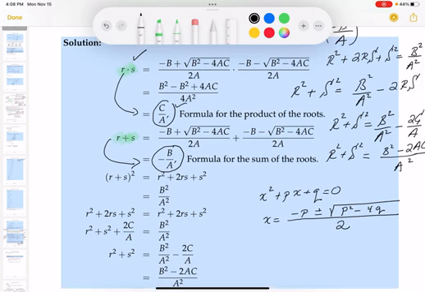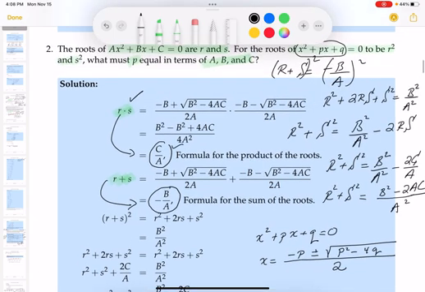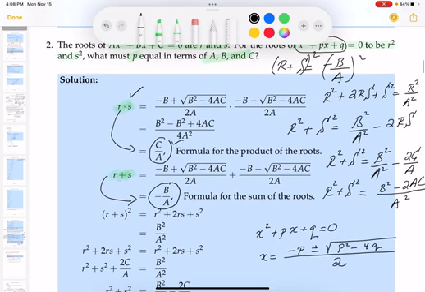Okay. So they tell me the roots are r squared and s squared.